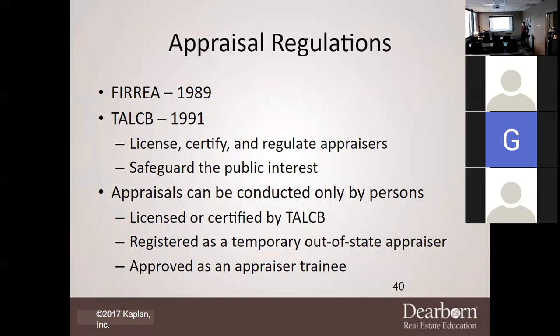Under TALCB, they basically license, certify, and regulate appraisers, as well as safeguard the public interest. Appraisals can be conducted only by persons that are licensed or certified by the TALCB, registered as a temporary out-of-state appraiser, or approved as an appraiser trainee.